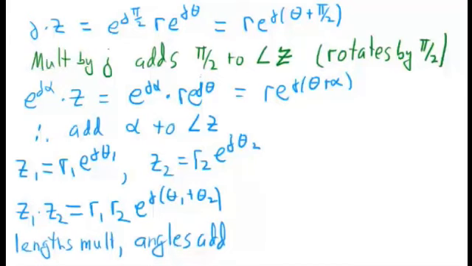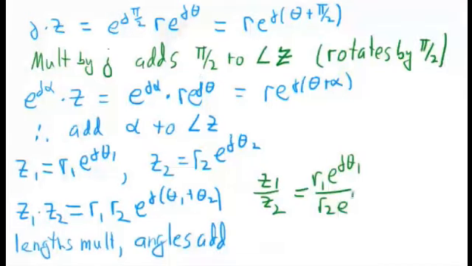Division looks quite similar. If I take the two numbers and I divide them, I have z1 over z2 equals r1 e to the j theta 1 over r2 e to the j theta 2, which is r1 over r2.